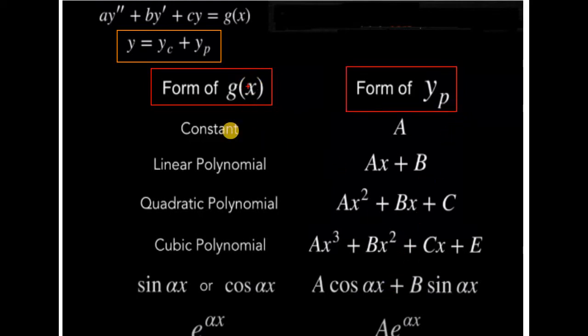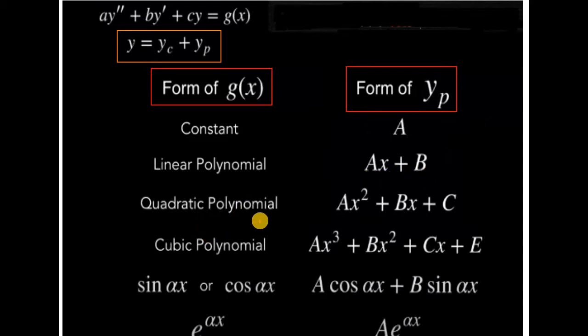If our function g is constant, then in our trial solution we will simply generalize this constant by using a. This a represents a constant. It is our trial solution. Linear polynomial: if our forcing function g is a linear polynomial, that is of degree 1, then we generalize it by ax plus b, and it will be our trial solution.